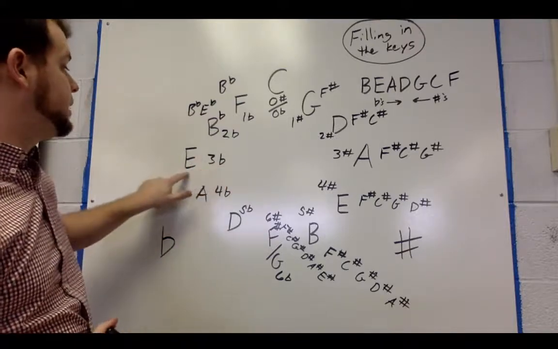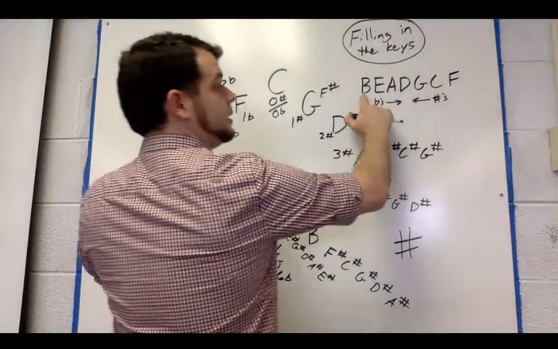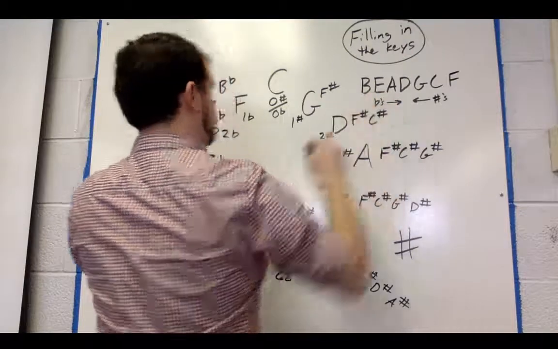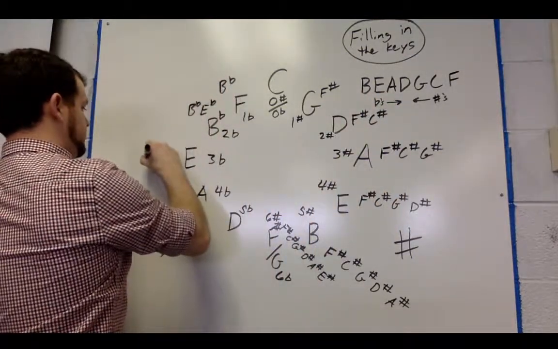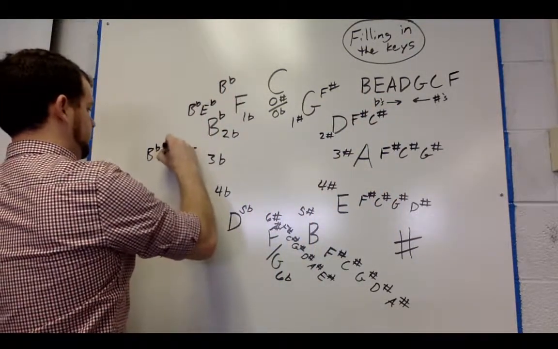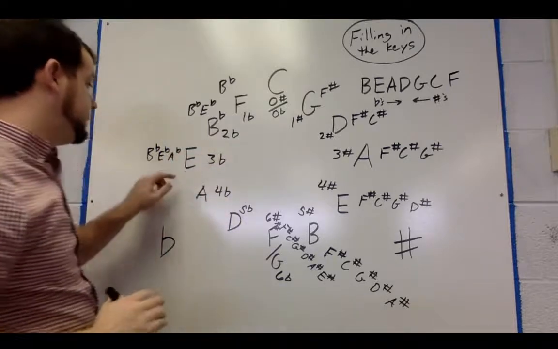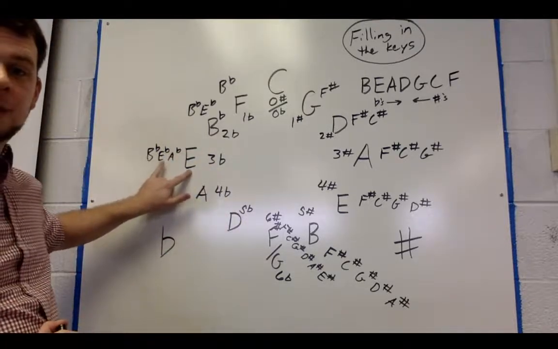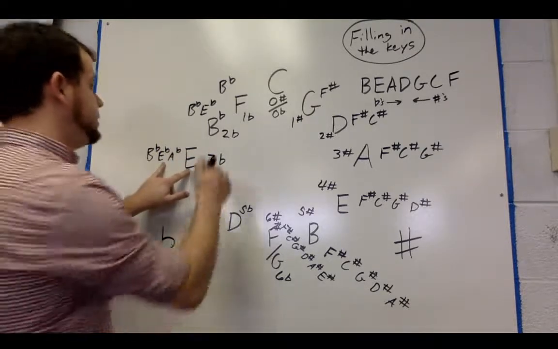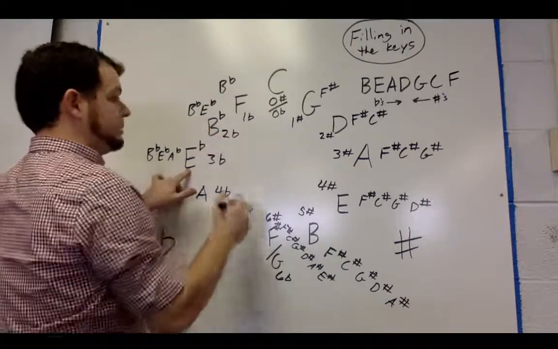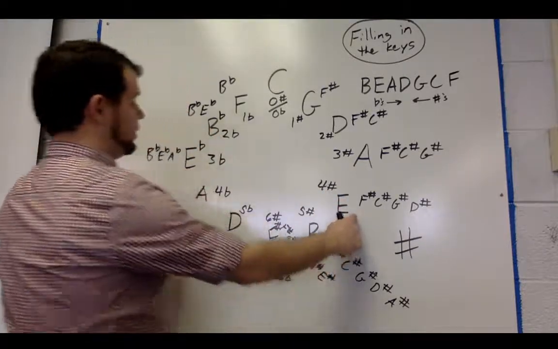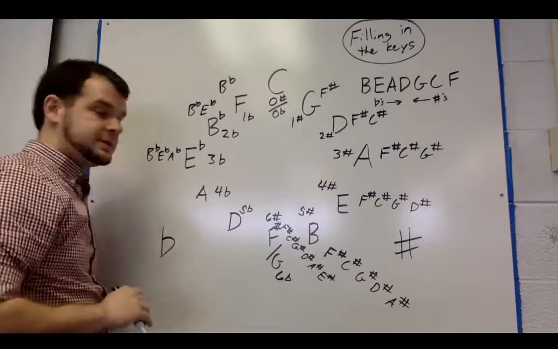The third one down, this E, has 3 flats. That'd be B, E, and A. And again, we see that there's already an E flat in the key, so we're going to call it E flat. We have E on the sharp side, we have E flat on the flat side.